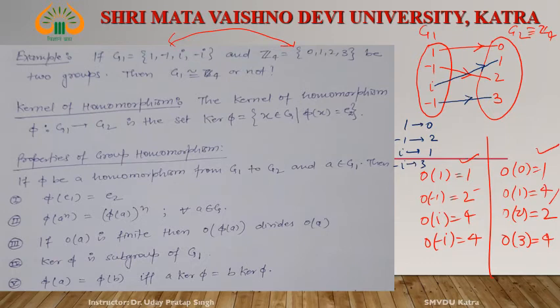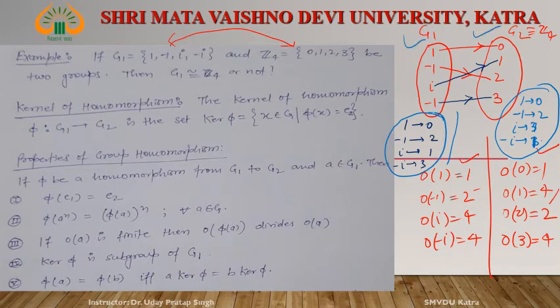Another example is that 1 maps to 0, minus 1 maps to 2, i maps to 3 and minus i maps to 1. This is another homomorphism and this is another homomorphism, right? It means these two are homomorphisms. They are homomorphisms, but later on we will see they are isomorphisms also.